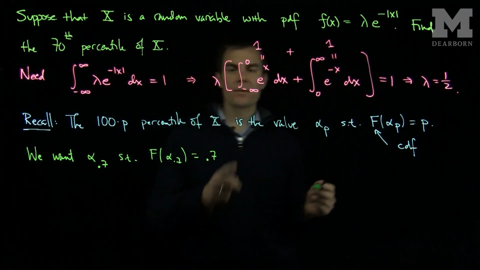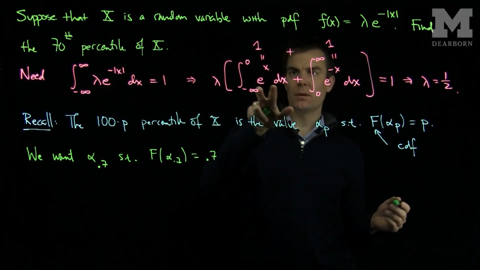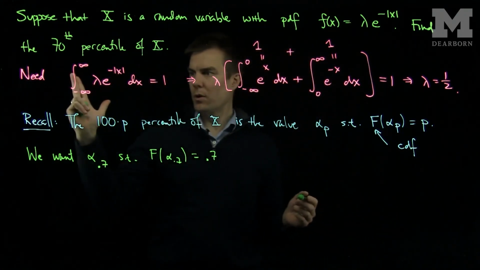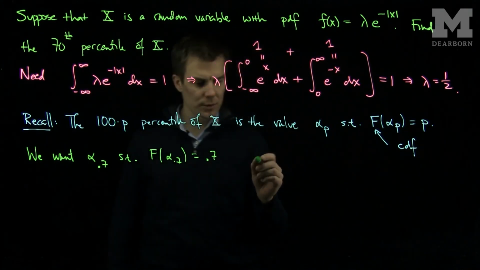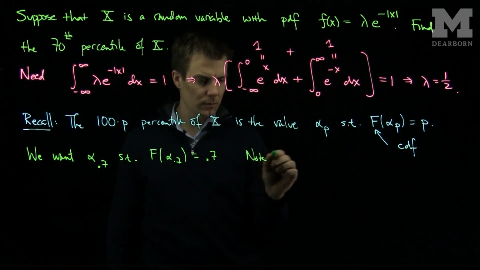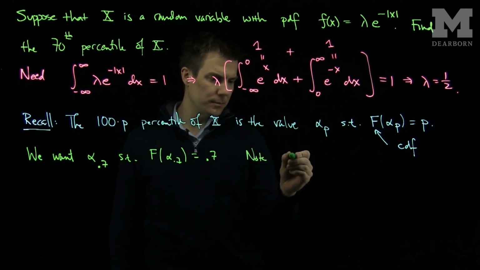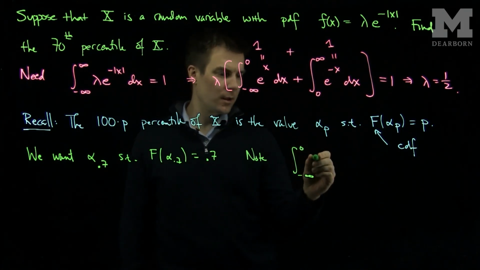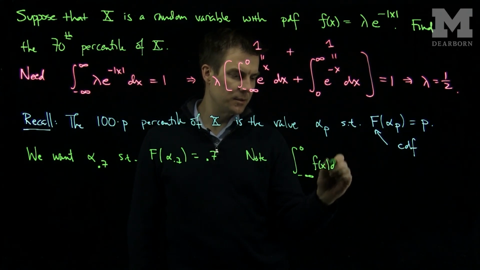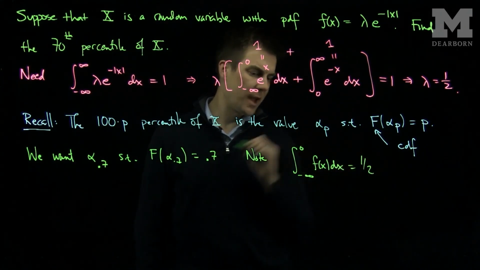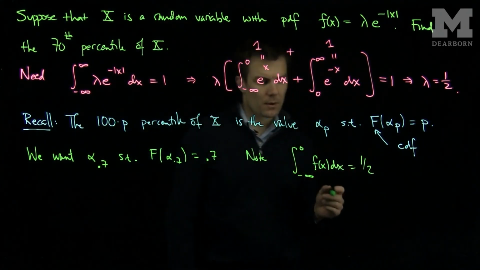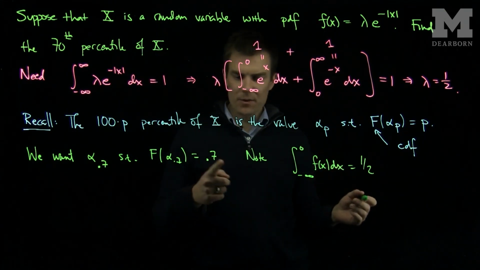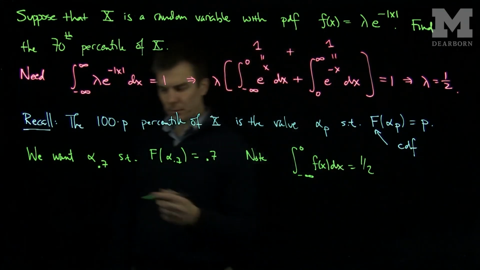So we know that half of the mass of this random variable occurs when we're less than 0. So note that the integral from negative infinity to 0 of f of x dx is equal to 1/2. And that tells us that if we're going to the 70th percentile, we have to go past 0.